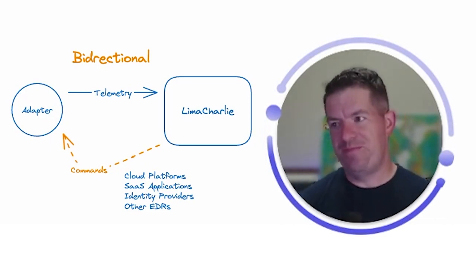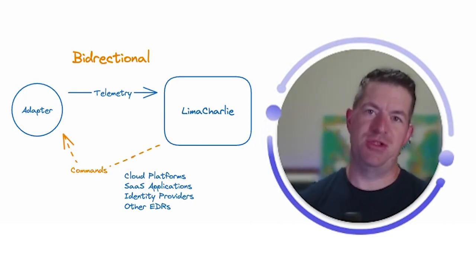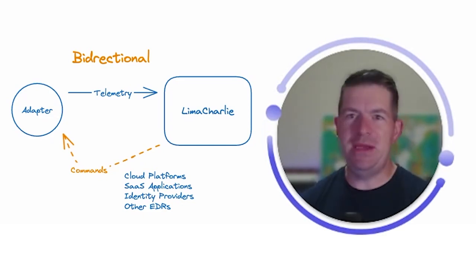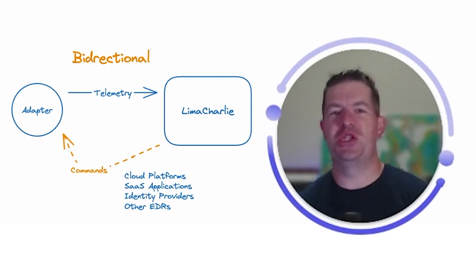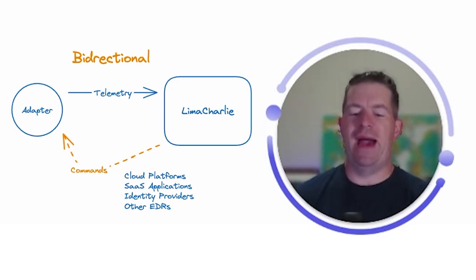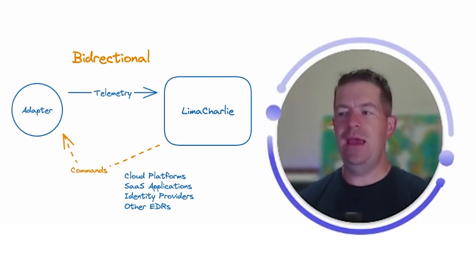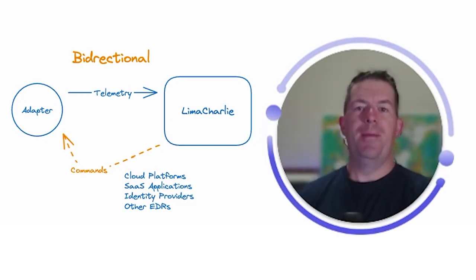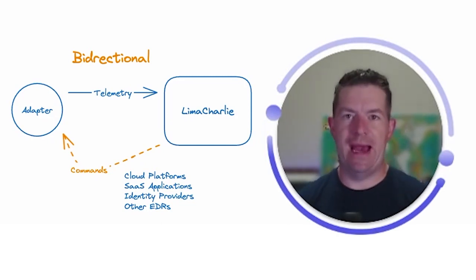Now, let's be clear. When I say reach back to a telemetry source, I don't want to manipulate telemetry. Well, I don't want to change the data necessarily, but what I want to do is I want to be able to reach back and say, I want to issue a command based on activity that's already happened.